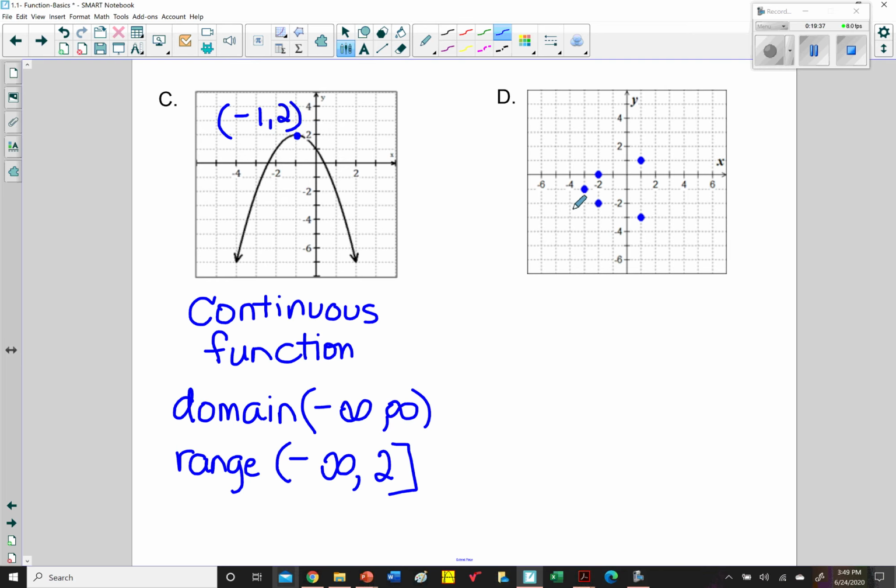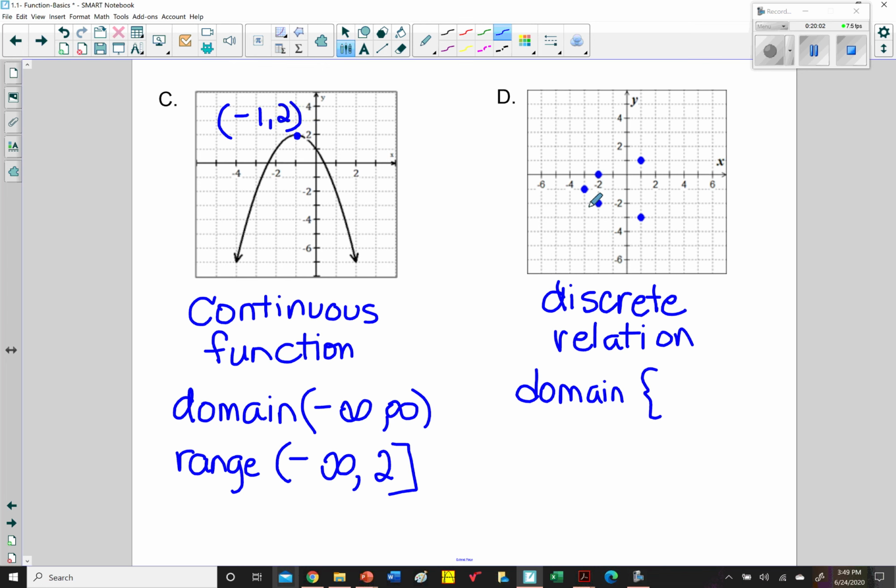And then letter D, this is not a function, it's a relation. This one is called a discrete set of points. It's discrete, they're not connected. It's not a sideways parabola, it's just a discrete relation, not a function. And the domain would be all of our x values, -3, -2, and +1.